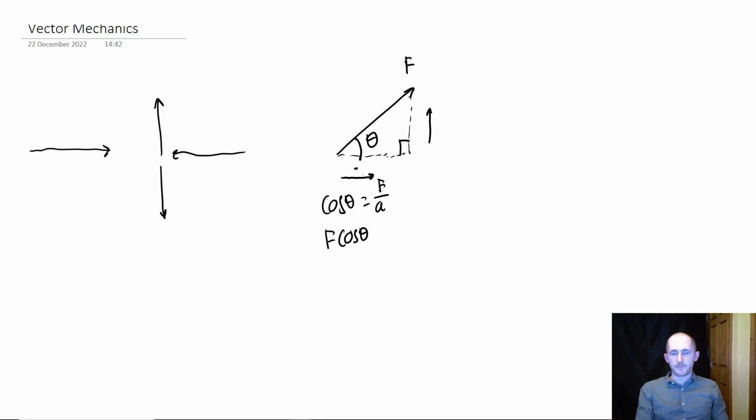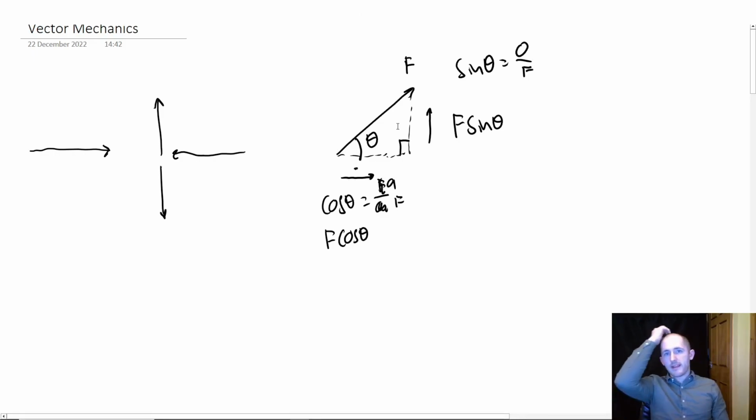Likewise here, you can show that it would equal F sine theta, because again we'd have sine theta equals the opposite side over F, and therefore you rearrange. And honestly, that's all there is to it.